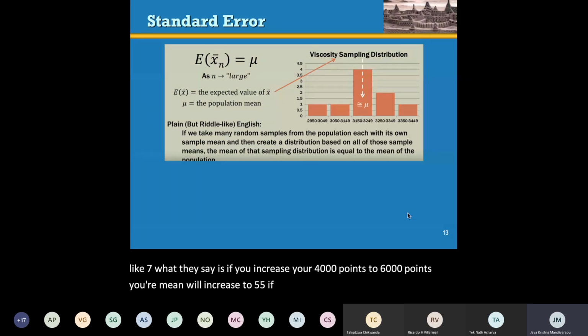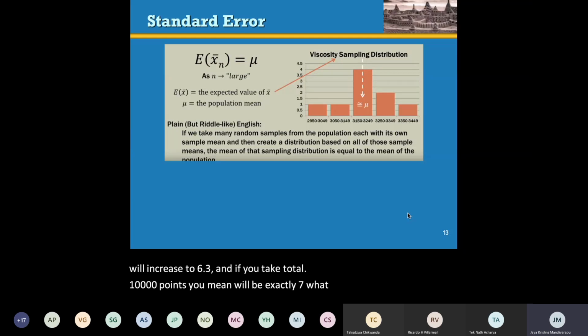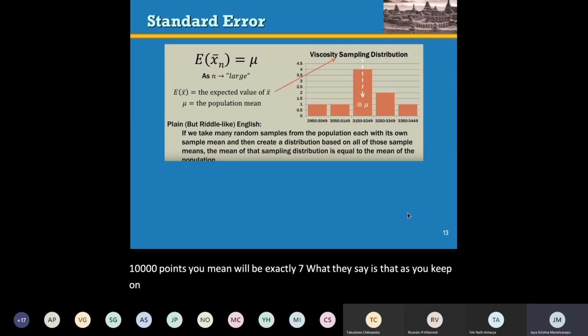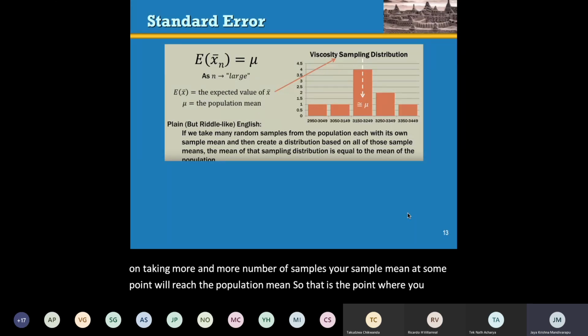If you take 8,000, your mean will increase to 6.3. And if you take all 10,000 points, your mean will be exactly 7. As you keep taking more and more samples, your sample mean at some point will reach the population mean.